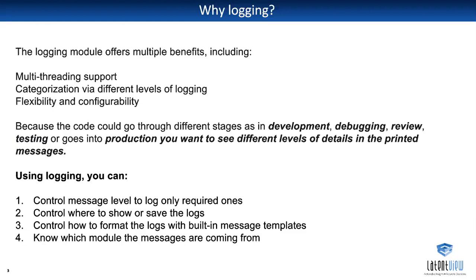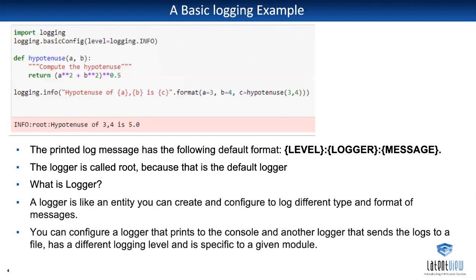So this is about the logging part, and this is the syntax of the logging. The default format is level. As I said, there are five levels of logging, so that will be noted down here in the level, and next to that the logger. By default, the logger name is root.